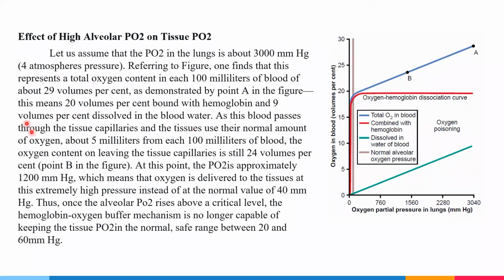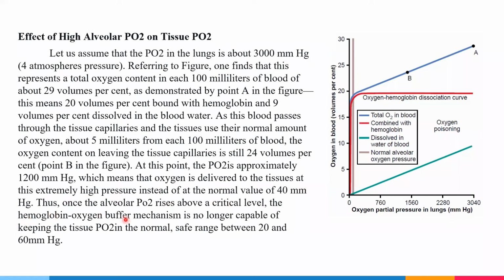As this blood passes through tissue capillaries, the tissues use their normal amount of oxygen, about 5 milliliters from each 100 milliliters of blood. The oxygen content on leaving the tissue capillaries is still 24 volumes per cent, which is shown as point B. At this point, PO2 is approximately 1200 millimeters of mercury, which means that oxygen is delivered to the tissues at this extremely high pressure instead of a normal value of 40 millimeters of mercury.